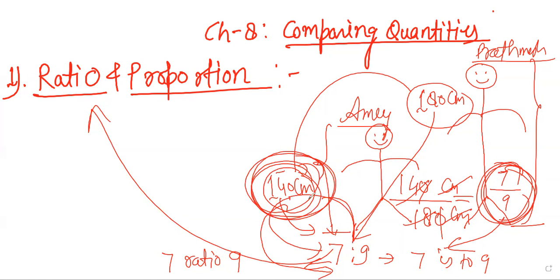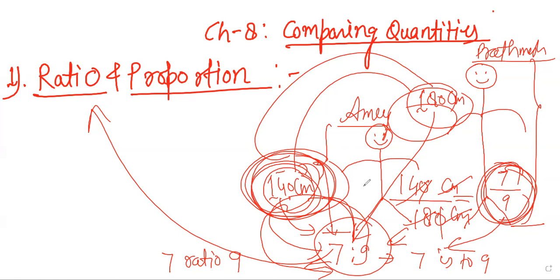This one and this one are the same thing, but one is written in some special quantities and the other in some other special quantities. So this is the actual measurement of their heights, and this is the comparison between the heights of Ame and Prathamesh, right or not?